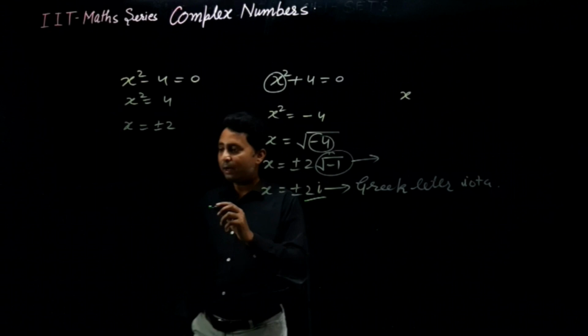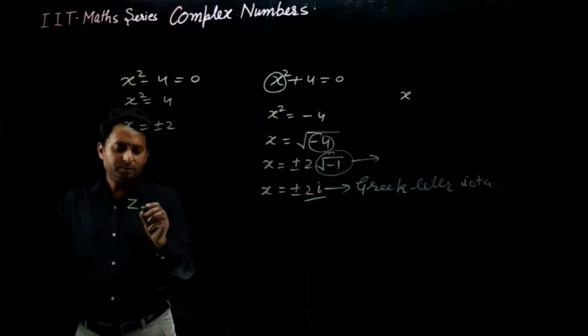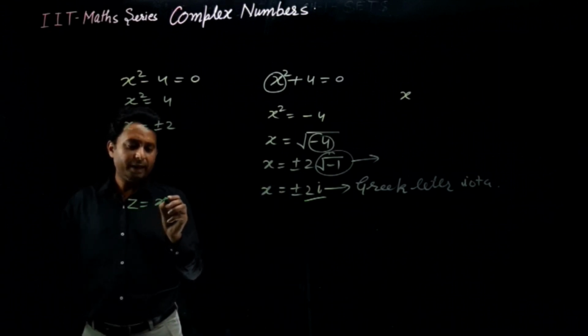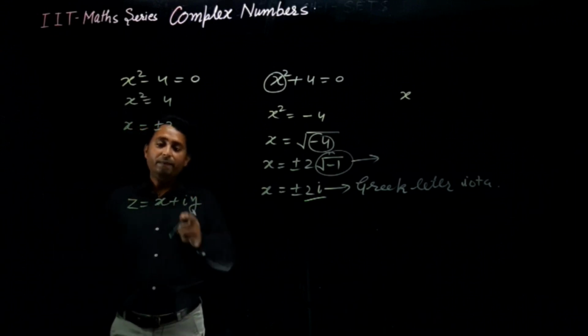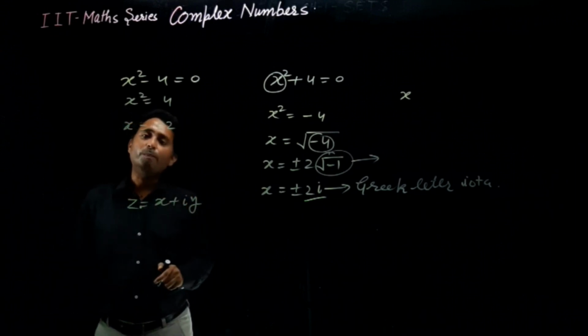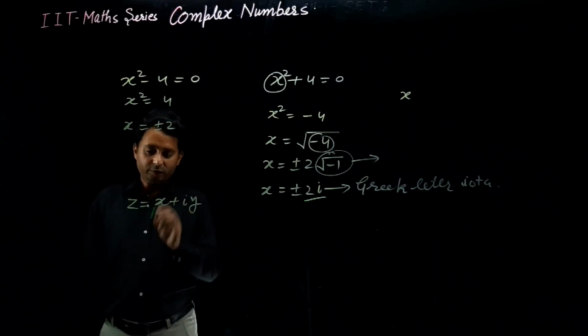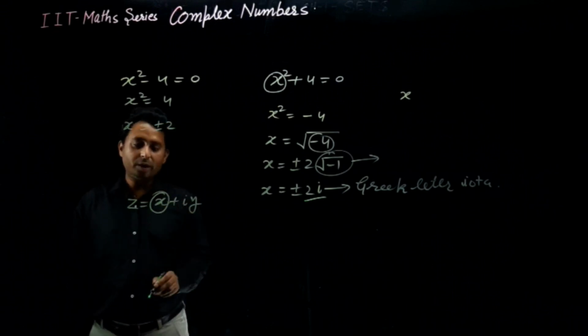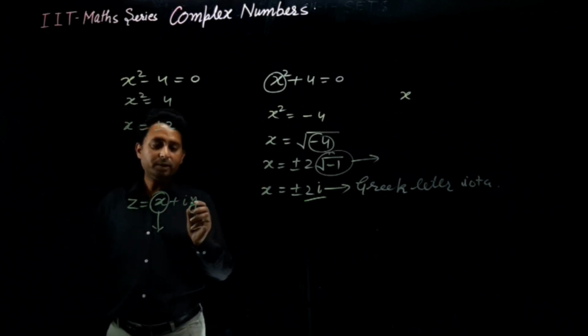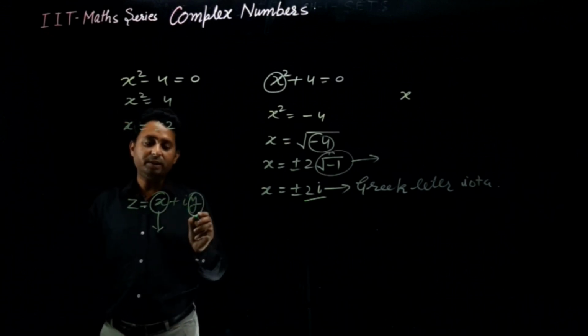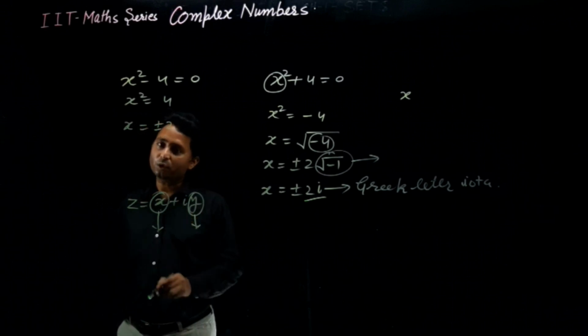Now any number z equals x plus iota y, like this, is called a complex number. This part is called the real part of this complex number, and the coefficient of iota, that is y, is called the imaginary part of this complex number.